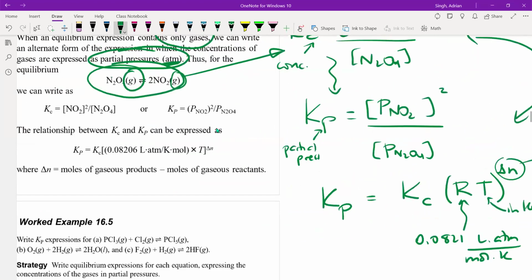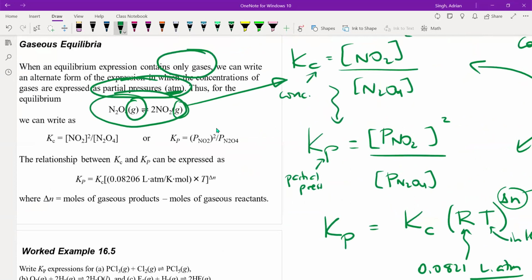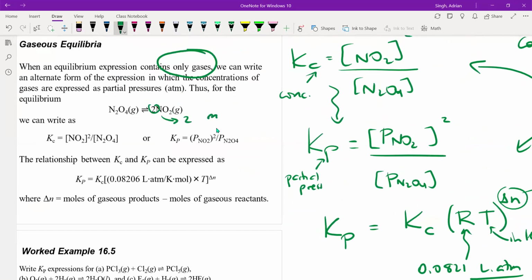So in the example that we looked at up here, the number of moles of gas that I have in the product, I have 2 moles of gas. And my reactant here, I have 1 mole of gas. So the change in the moles, delta N, would be the product number of moles 2 minus the reactant number of moles, which is 1. So delta N there is actually 1, right? And that's how you calculate that.